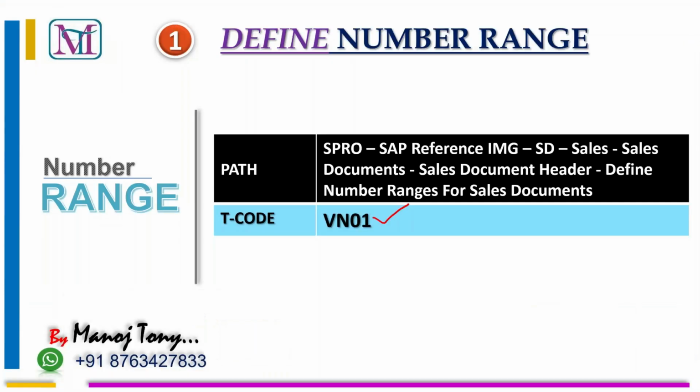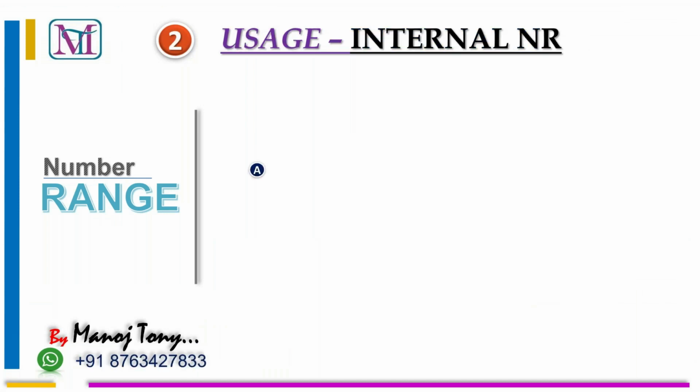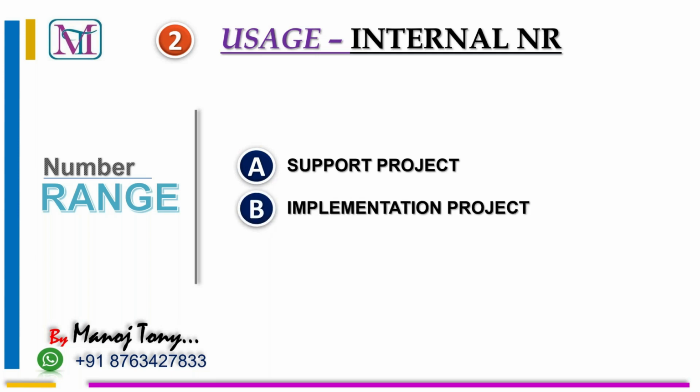So now we know how to create a number range. Usage of internal number range: in support projects and implementation projects, we use internal number range assignment. But in some cases in implementation projects, we assign external number ranges for sales order.